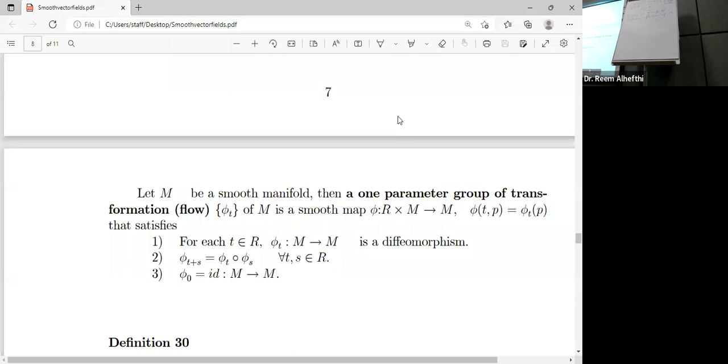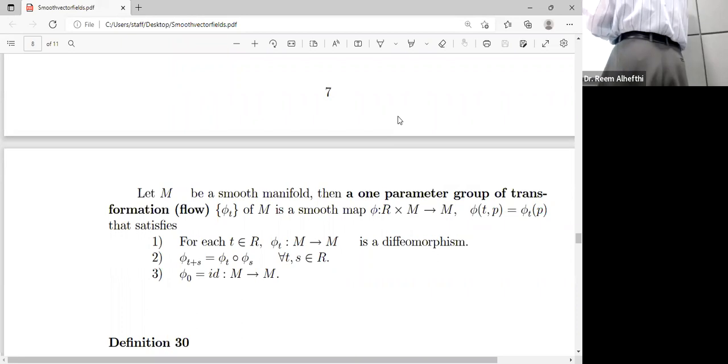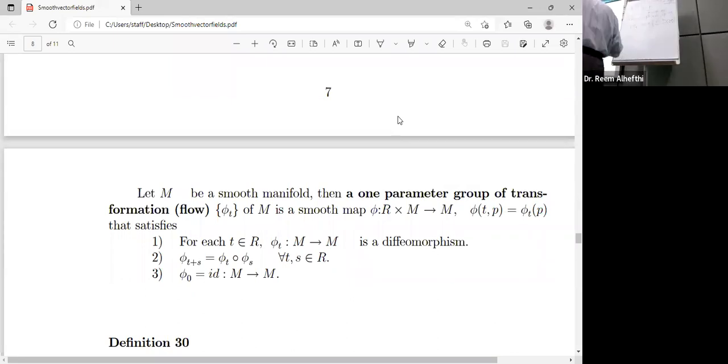What you are doing is, for each t, you are taking a diffeomorphism from M to M, phi t.